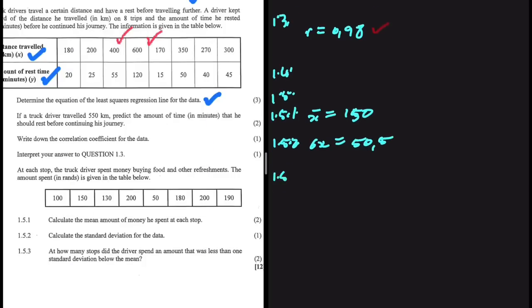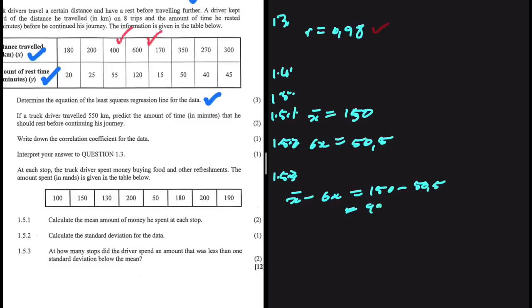And the question that follows, 1.5.3, we want to know how many stops did the driver spend an amount that was less than 1 standard deviation below the mean. What does that mean? 1 standard deviation below the mean. So it is the mean minus the standard deviation, which is 50.5. Okay, what do I get?